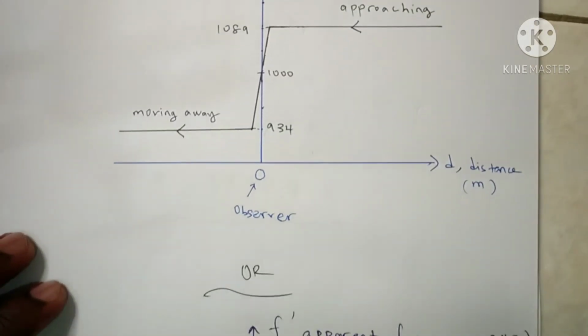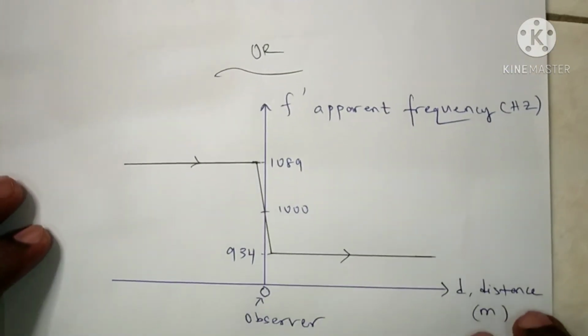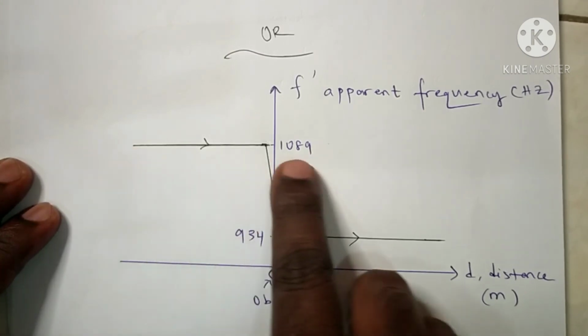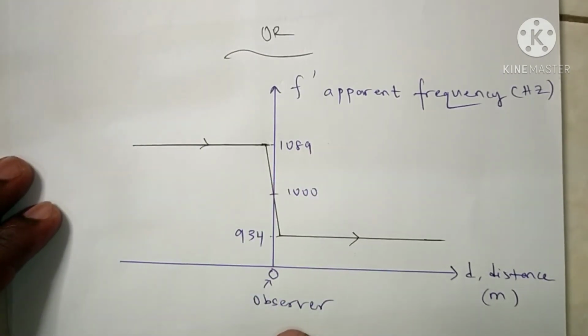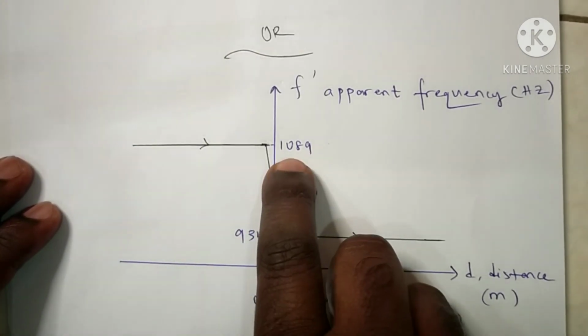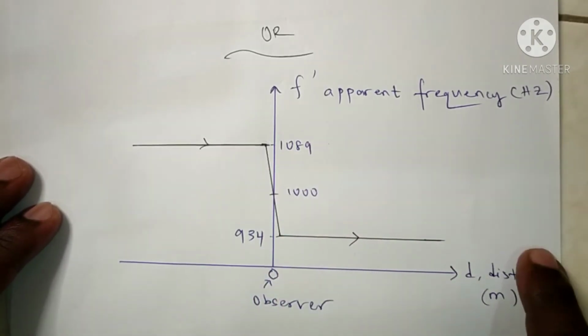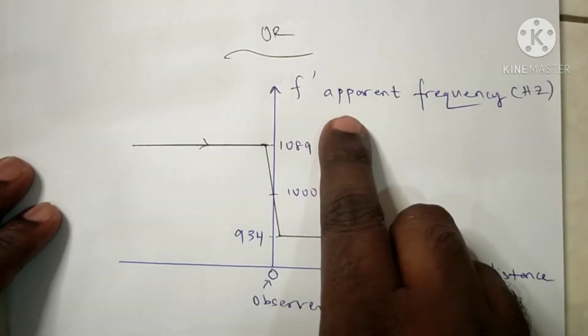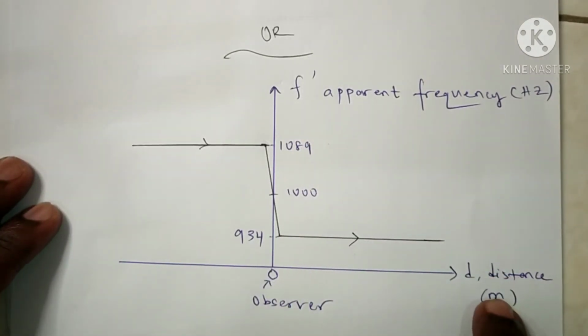And you can put it in this manner without putting any banner. Same thing, when the source is approaching, the apparent frequency is 1089 Hertz. When it is moving away, the apparent frequency is 934 Hertz.